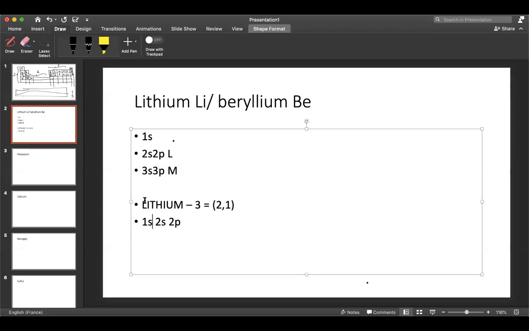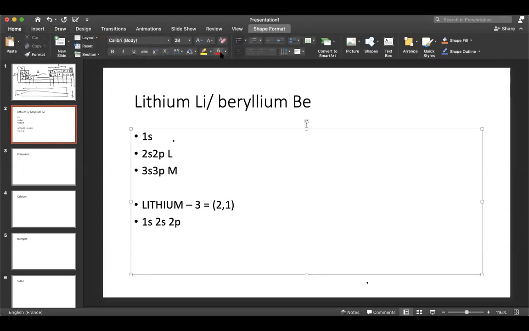So the highest number of electrons that the s orbit can occupy is how many?